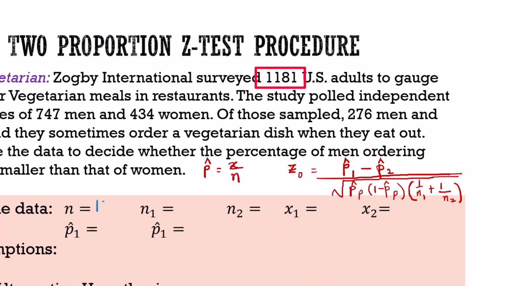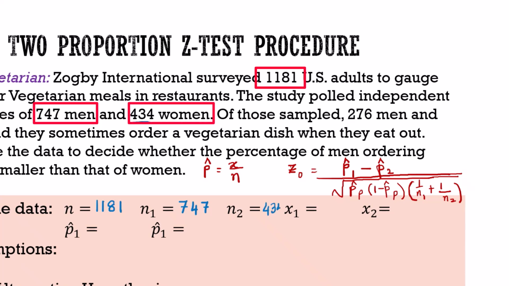It's going to be 1,181. N sub 1. Now, population 1 and sample 1 refer to men. All US men represent population 1. So N sub 1, the sample size for men, is 747. Let's write that down here. 747. N sub 2 is the sample size for women, so 434.